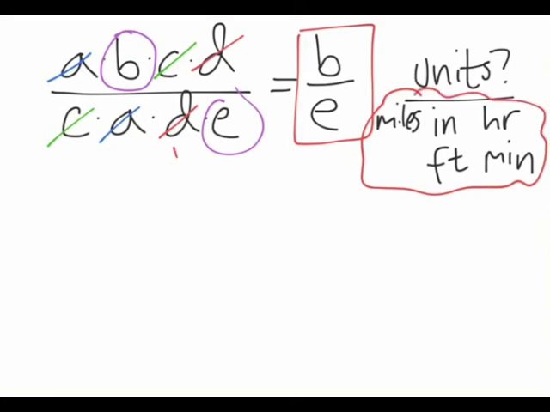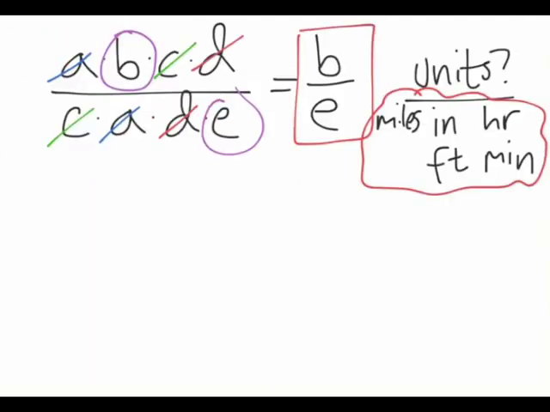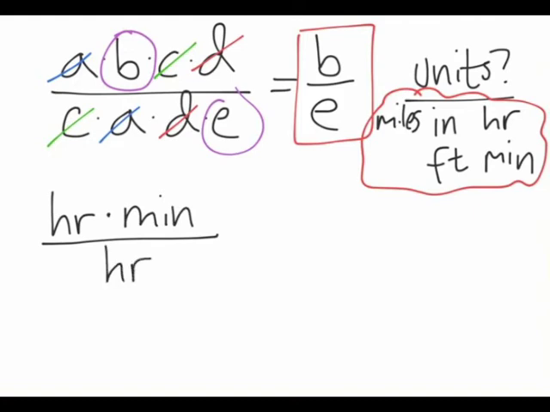And just like letters, or just like numbers, if you see them appearing in a division/multiplication problem like this, they can cancel out. So in this case, if I have hours times minutes divided by hours, well, we can simplify this. Hours on top, hours on bottom, leaving us with minutes.